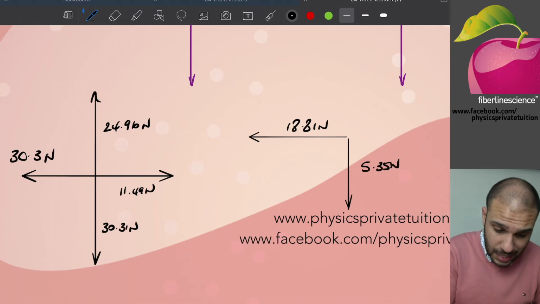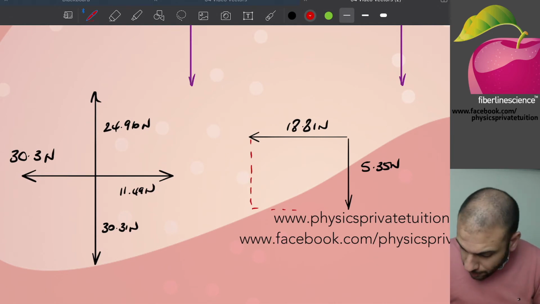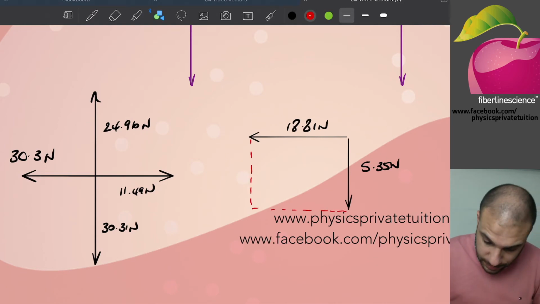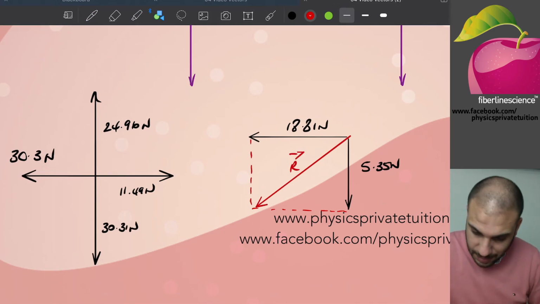Then the parallelogram law. All right. And there is our resultant, ladies and gentlemen.